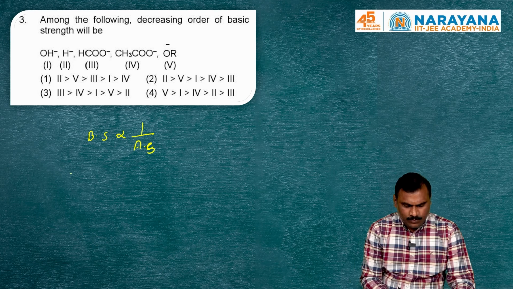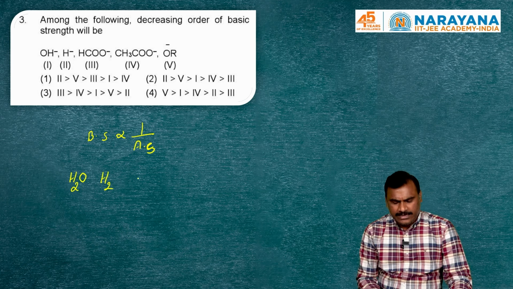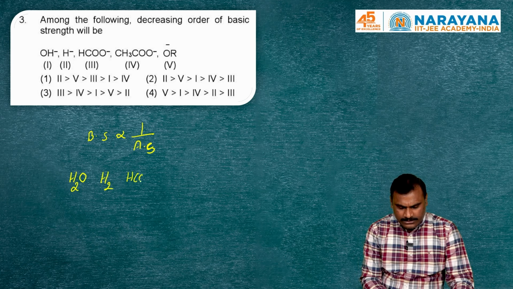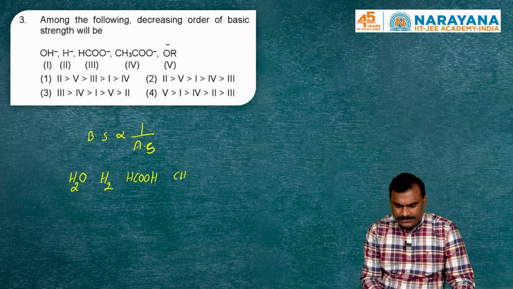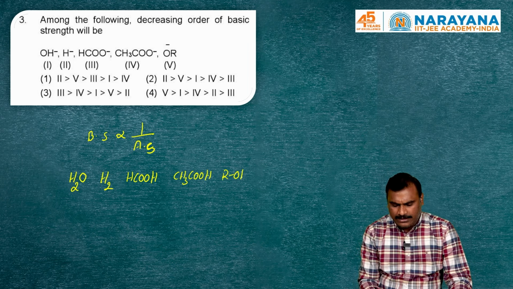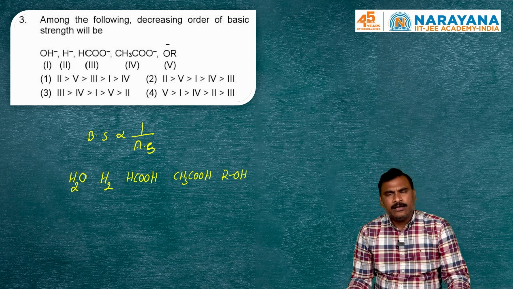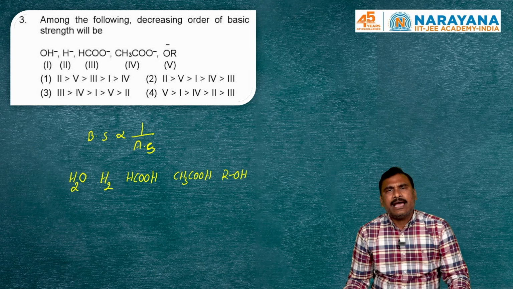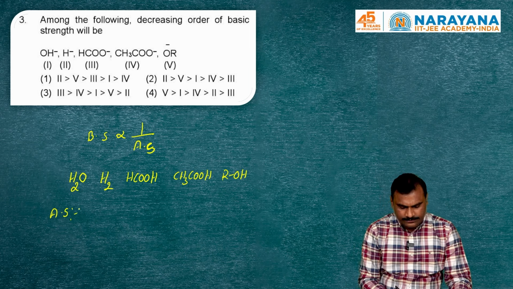That means OH minus as H2O, H minus as H2, HCOO minus as HCOOH, acetate ion as acetic acid, and alkoxide as alcohol. First of all, I have written the acidic forms, that is the protonated forms of the given anions. Now you write the acidic strength order.